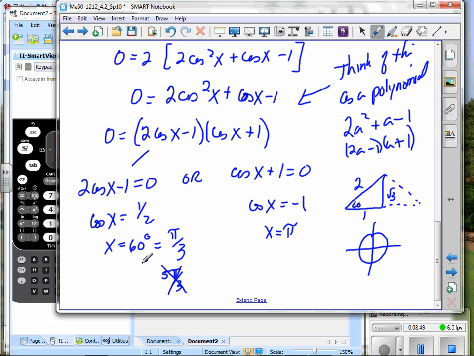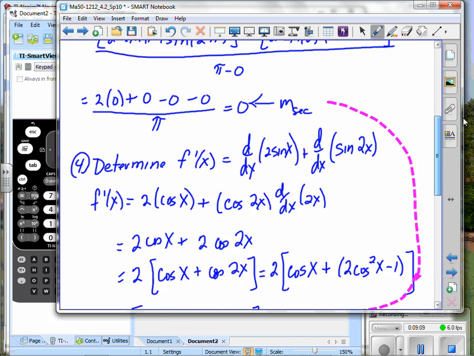And so we would consider, well, can we consider pi? Would this work? Is it in the open interval? What does open interval mean?